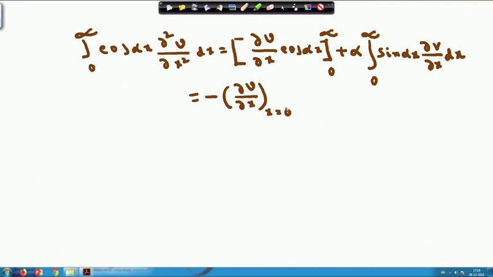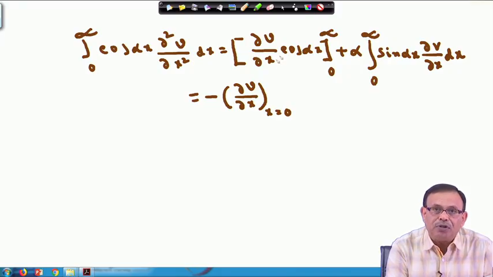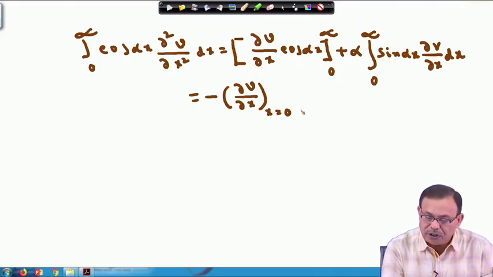Here again you are assuming one thing: whenever x approaches infinity, del v del x will approach 0. Please note this one. Otherwise, for x approaches infinity, I cannot evaluate this value. So I am assuming del v del x approaches 0 as x approaches infinity.